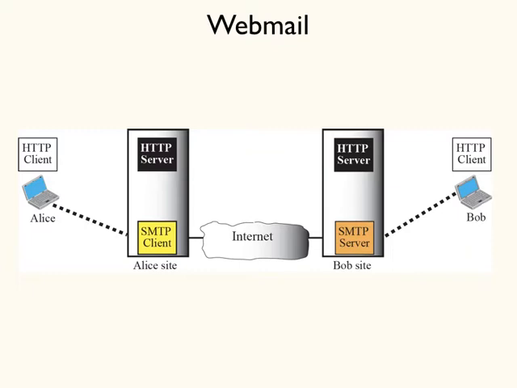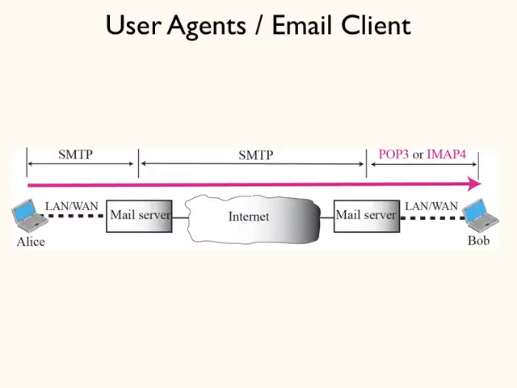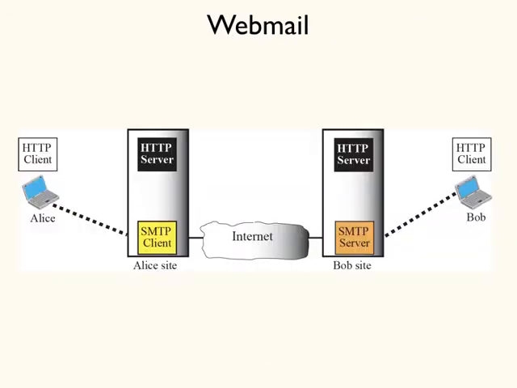In this case, we are adding another layer here: the browser and the HTTP server, and the HTTP server talks with the mail server on behalf of the browser and on behalf of the user. Then the actual transmission of the email still goes through the previous channel. We're still using SMTP to transfer email between different mail servers.